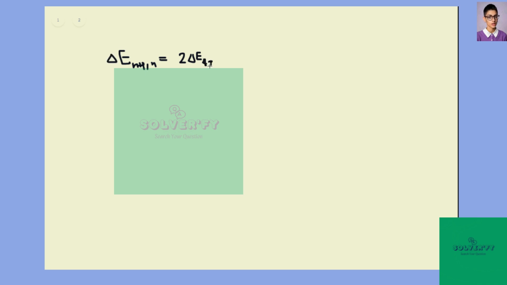So if we write down the same equation, we get 2n plus 1 times E1 is now equal to 14 E1, because this is 7, and that gives us 2n plus 1 is equal to 14, or n is equal to 13 over 2.